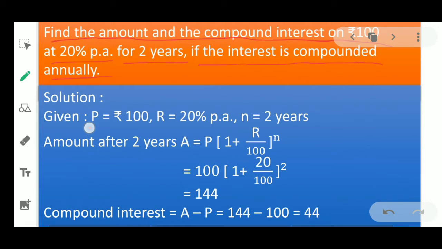P, the principal, equals 100, as you can see in the question, R equals 20% per annum, and n equals 2 years. This is the time. So the amount after 2 years, A, will be, write the formula, P into (1 + R/100) whole to the power n.